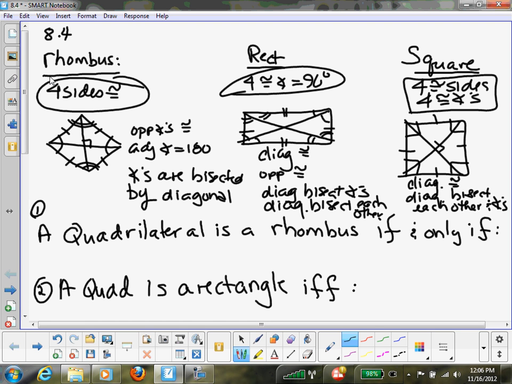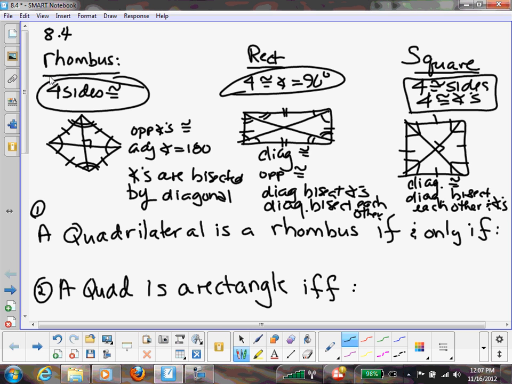And let's talk about a rectangle. If we're going to define a rectangle, do we say that both pairs of opposite sides are parallel? Do we say that there's only one pair? Do we say that the diagonals are perpendicular? No. Are the diagonals congruent in a rectangle? Okay. Do the diagonals bisect each other?